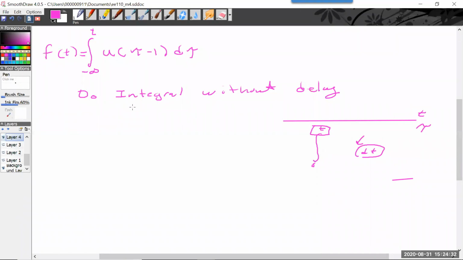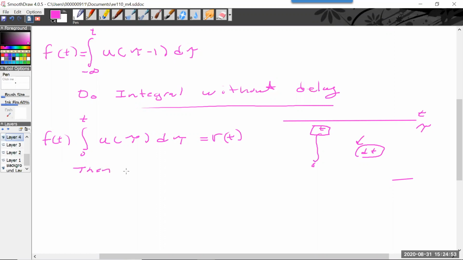So do the integral without delay, right? So that really means just do f of t, and now I'm going to do from 0 u of tau d tau, which we already know equals ramp of t, right? Then put the delay back in, right? So this is r(t), right?